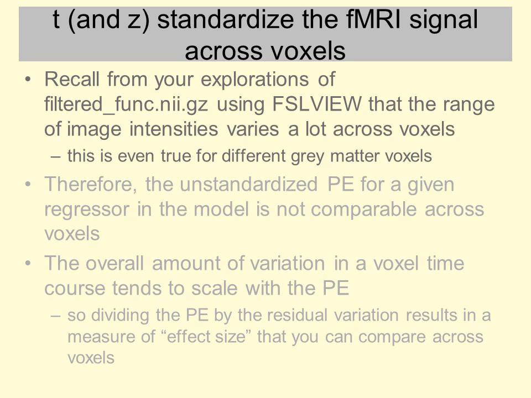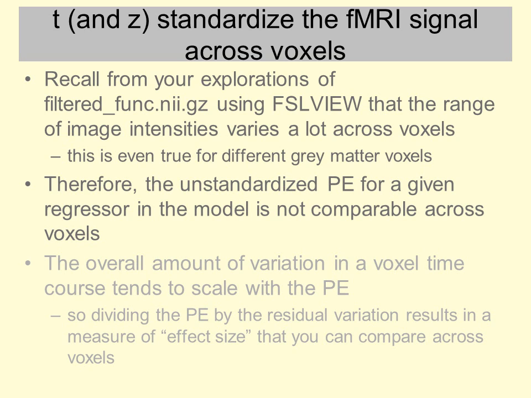Voxels which are further from the receiver coil, such as those in regions like superior colliculus or amygdala, are going to have inherently smaller fluctuations and therefore inherently smaller parameter estimates than voxels closer to the receiver coil, such as visual cortex or motor cortex voxels.